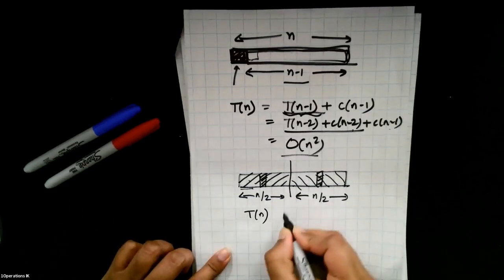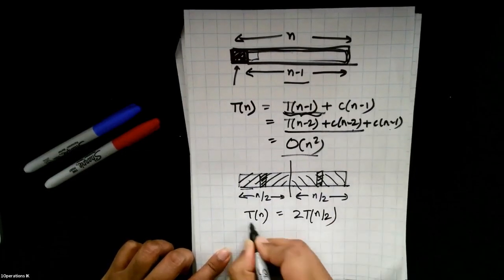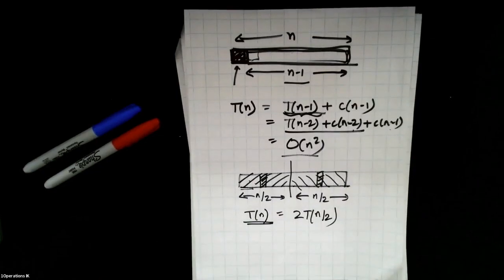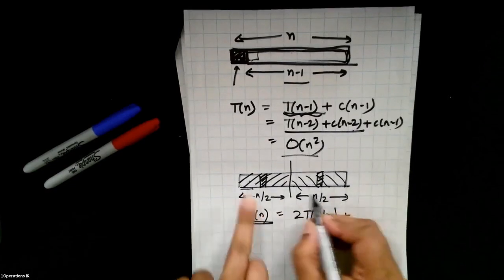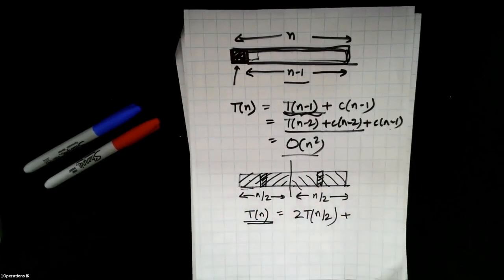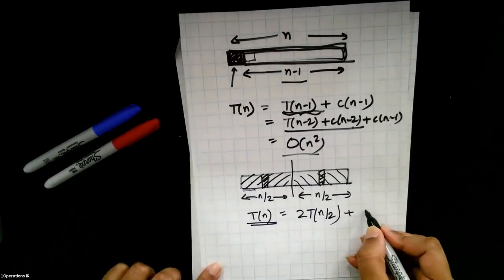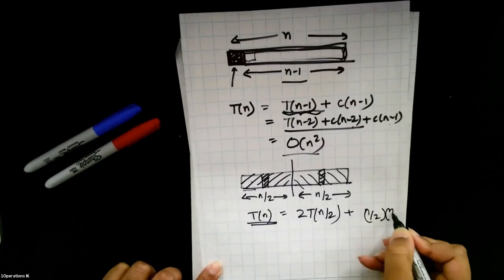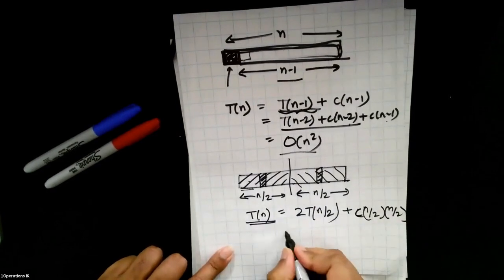So if I were to write this down, the total work done in the corporate hierarchy was the work done by the two subordinates, which was T of n by 2 each, and the work that I did as the lazy manager, which was trying out all pairs. How many such pairs are there? Yes, n by 2 times n by 2. So something that's proportional to n by 2 times n by 2, c times n by 2 times n by 2.